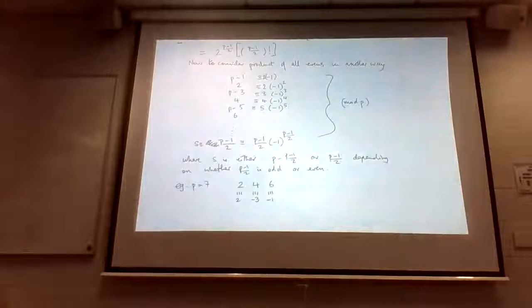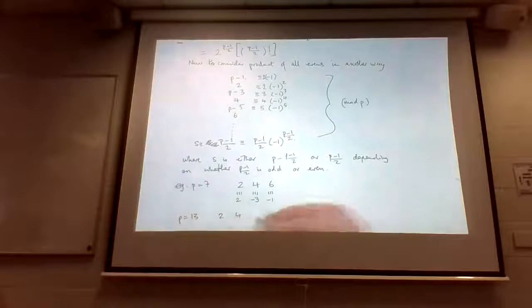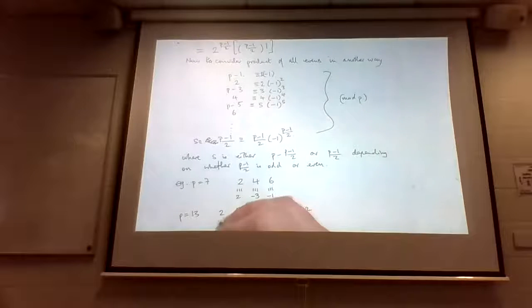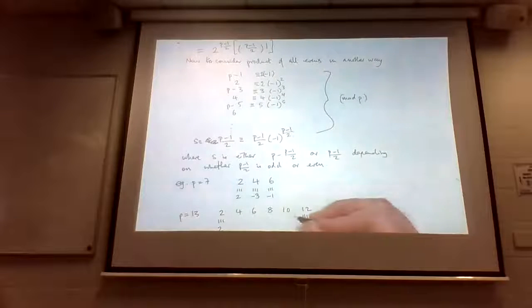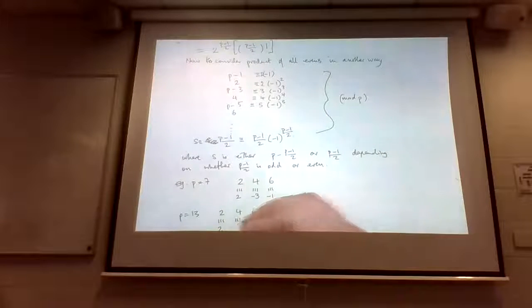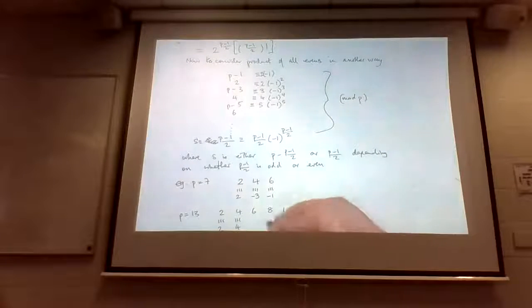Whereas if I took another prime example, I'd have to go to 13. If p equals 13, and you take all the even numbers, then the 12 I'm considering as minus 1 mod 13. 2 I'm considering as plus 2. 10 I'm considering as minus 3. 4 I'm considering as plus 4. 8 I'm considering as minus 5.